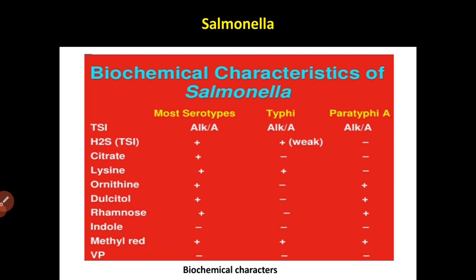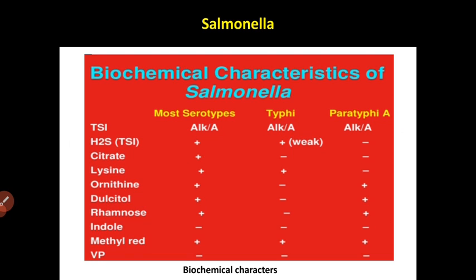Citrate: serotypes positive, typhi negative, paratyphi negative. Lysine: serotypes positive, typhi positive, paratyphi negative. Ornithine: serotypes positive, typhi negative, paratyphi positive. So this way you can see the rest.